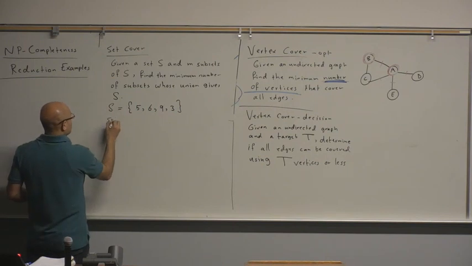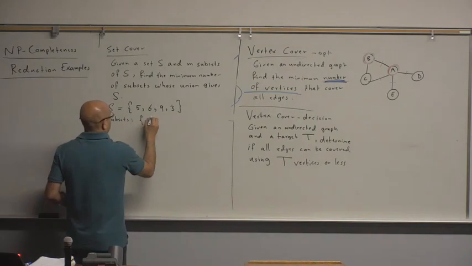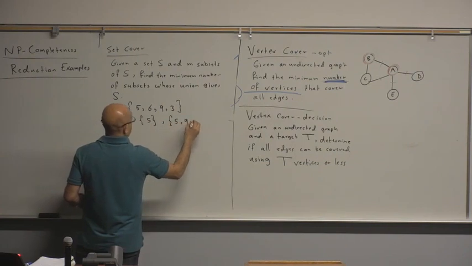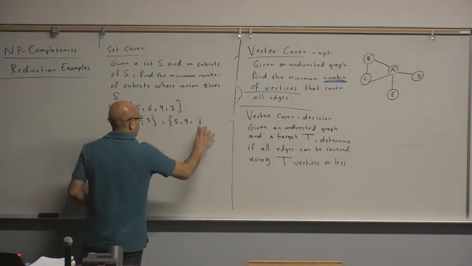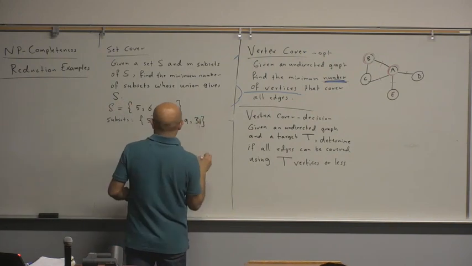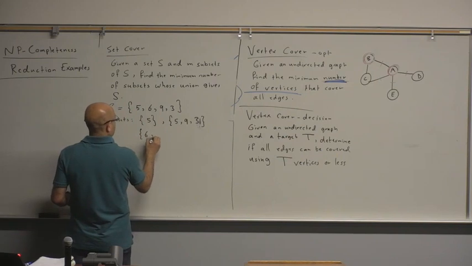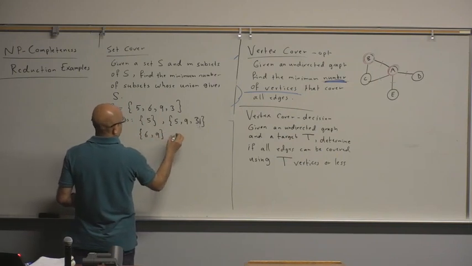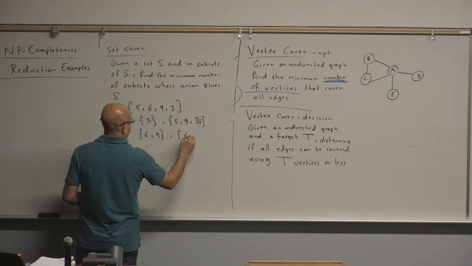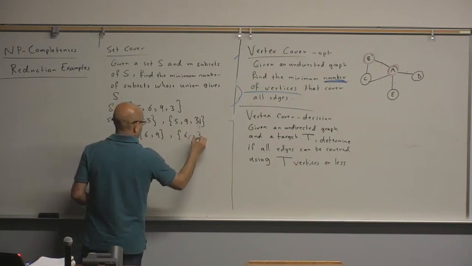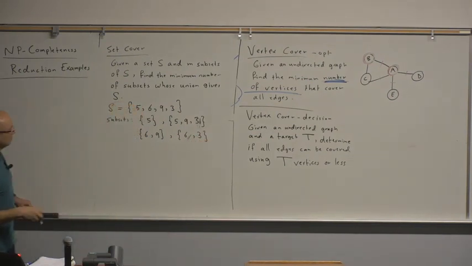And the subsets are 5, 5, 9, 3, 6 and 9, 6 and 3. Okay.